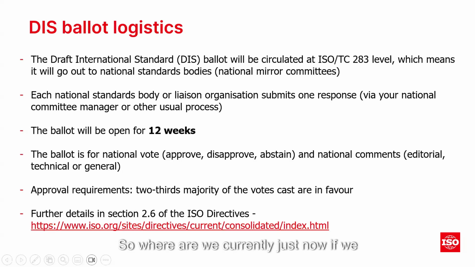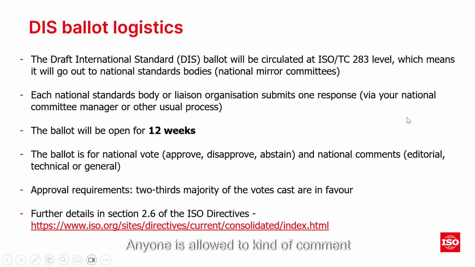So where are we currently just now, if we just go to the next slide? So the DIS, the draft international standard, is a ballot, and it's circulated at a level, which means it goes out to national standards bodies. So, for example, it will go out to standards bodies in each of your countries. And then there is a ballot. Now, the ballot is open for 12 weeks. And what usually happens is that the national standards body will open up and encourage feedback from members of the general public.